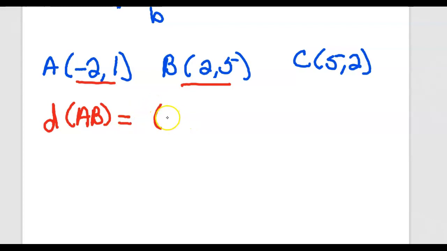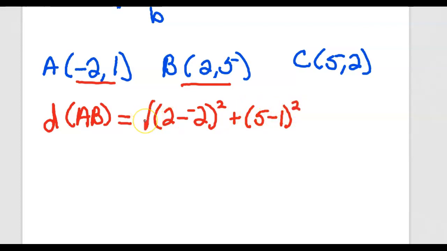I'm going to take my x2, and that's not a negative. My x1 is the negative, so I'm going to have 2 minus a -2 squared plus a 5 minus 1 squared, and I'm going to take the square root of that.